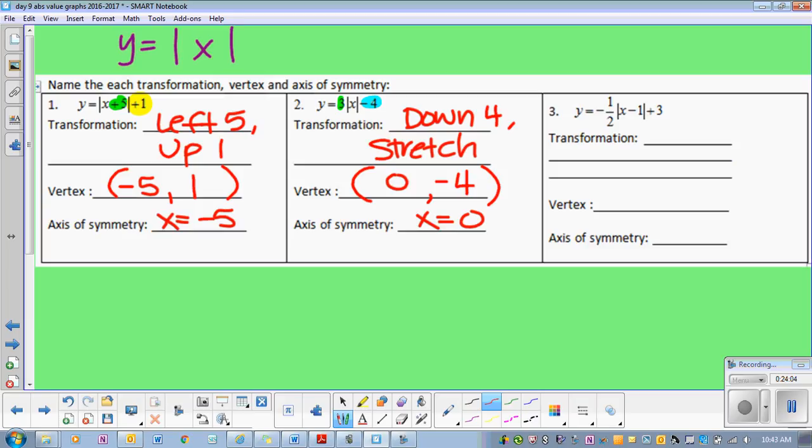So the next one, you've got to be a little bit careful here. There's a negative and there's a 1/2. It's not -1/2. It's a -1 times a 1/2. They have two separate jobs, okay? So it flips, and then what does a 1/2 do? Good. So the negative tells me that it flips or it reflects.